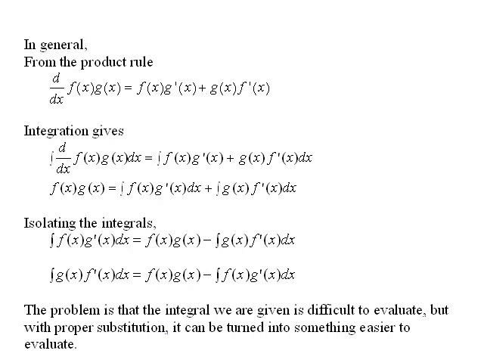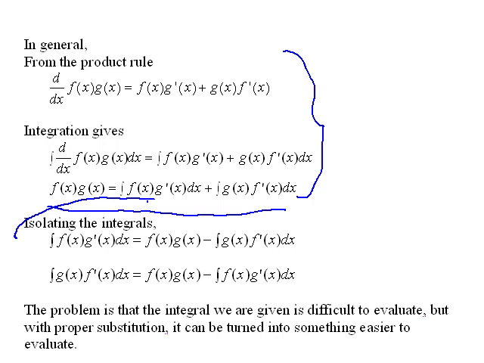So I've written the situation in general here. The first lines here are just, in general, what we did on the previous slides. But now, here is our last line, but let's isolate one of these integrals. Let's say we're given this one to integrate. Then the situation looks like this. The integral of f times g prime equals f times g minus the integral of g times f prime.